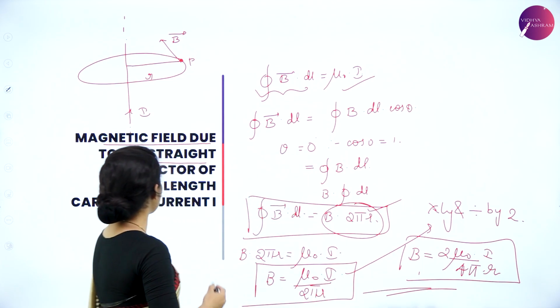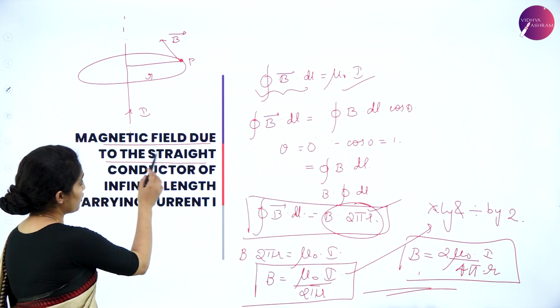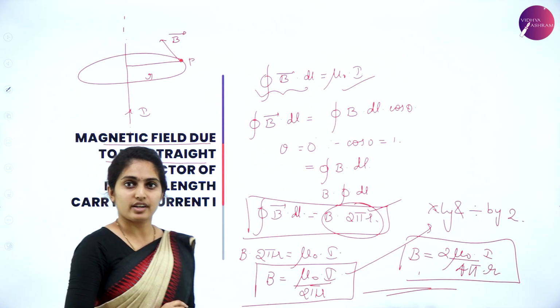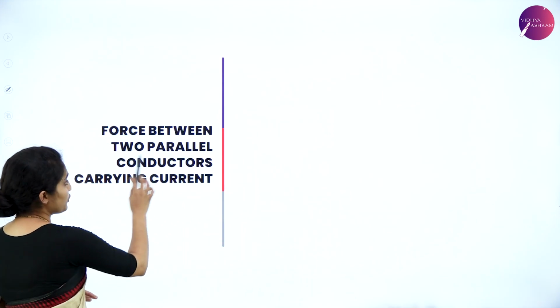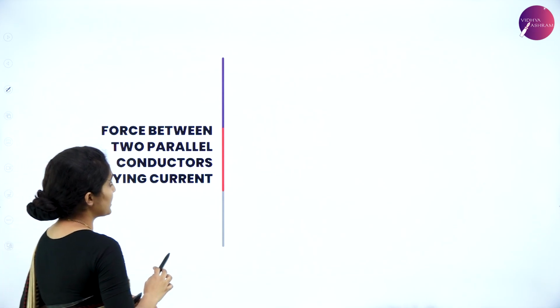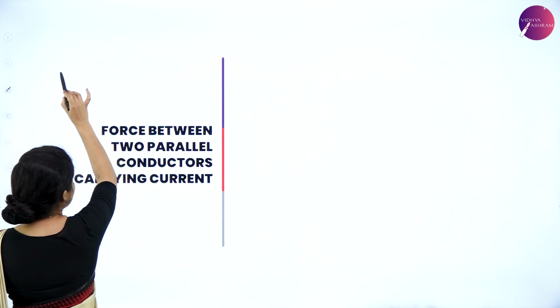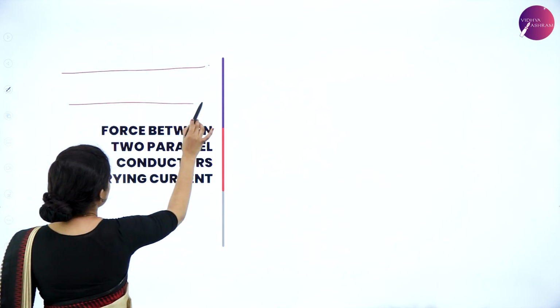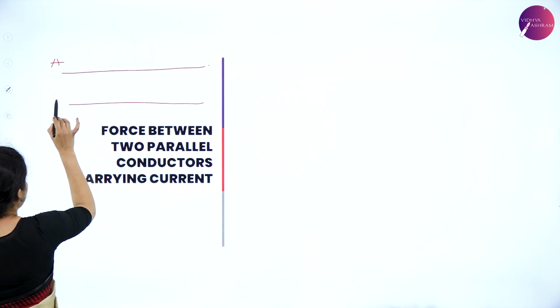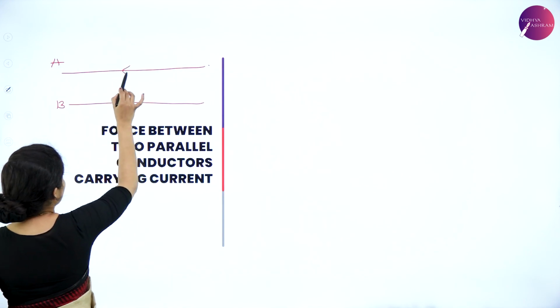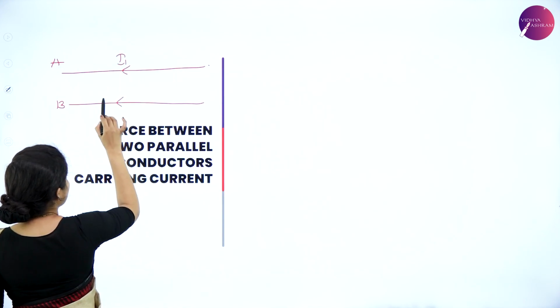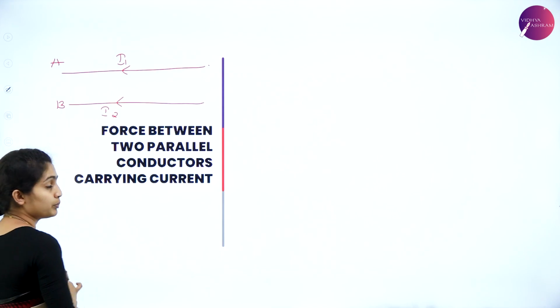So that's all about using Ampere circuital law to find the magnetic field due to a straight conductor of infinite length. Next we are going on to the force between two parallel conductors carrying current. We have two conductors, A as well as B, through which the current I1 as well as the current I2 is flowing.